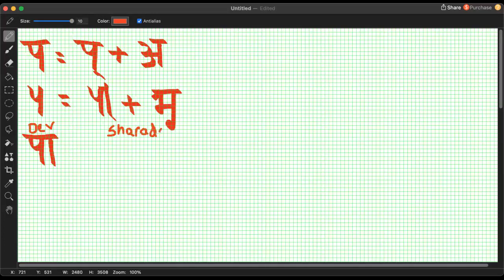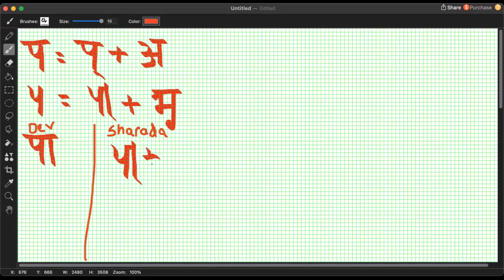If you're writing pā in Devanagari, and in Sharada, we'll first write the root alphabet, pa, plus the ā matra.